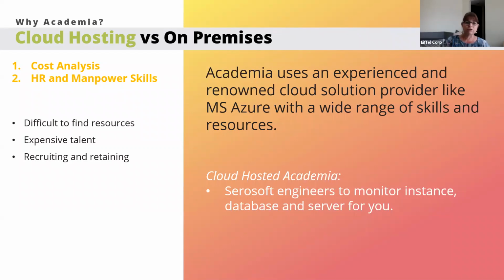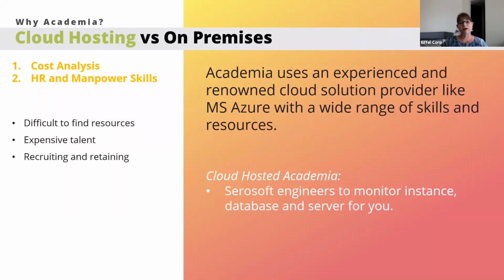The second one I want to refer to is your HR and manpower skills. Those are usually skills that are difficult to find, resources that are difficult to find, also because they are so sought after in the market. It is expensive talent, and the recruiting and, more important, the retaining of those resources are many times a big headache for institutions.